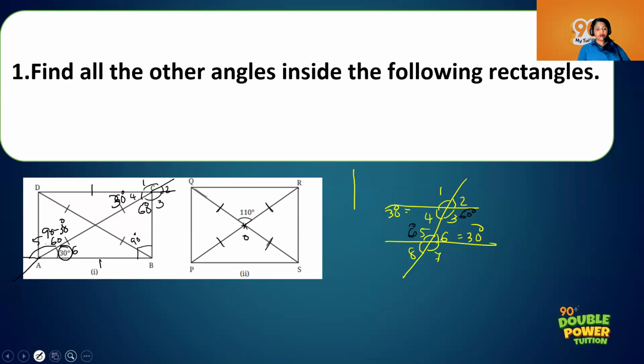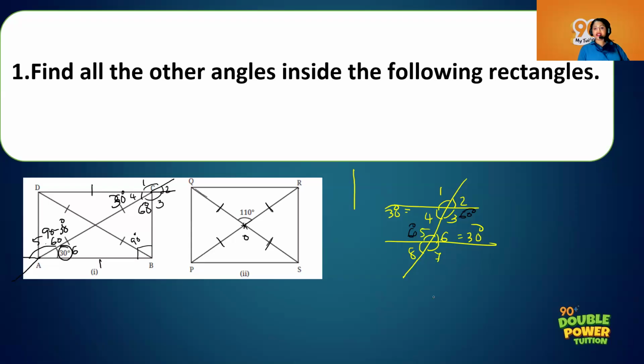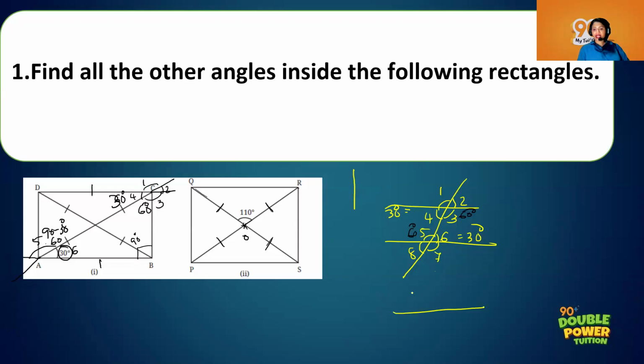As we said before, this is a triangle with one angle 30 degrees and this angle we don't know. They also mentioned these two diagonals bisect each other, that means they are equal. So then this angle also will be 30 degrees. In an isosceles triangle, angles opposite equal sides are equal, right?